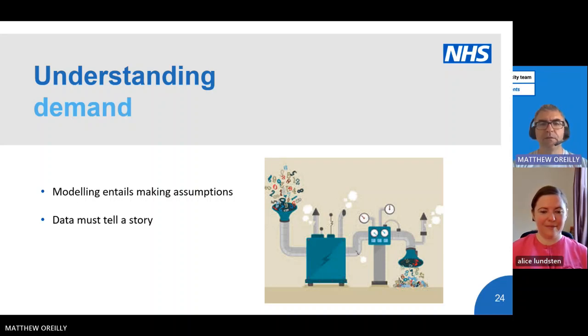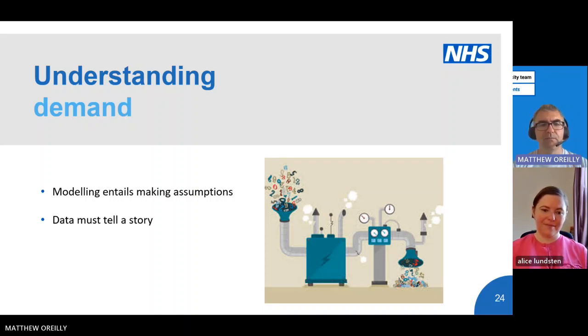And very much it's about using the data to tell a story. I think we're often data rich but information poor, and the modelling is about more than just numbers. It's really important to have a good understanding about the service, the team, or the pathway that you're looking to complete a model for.